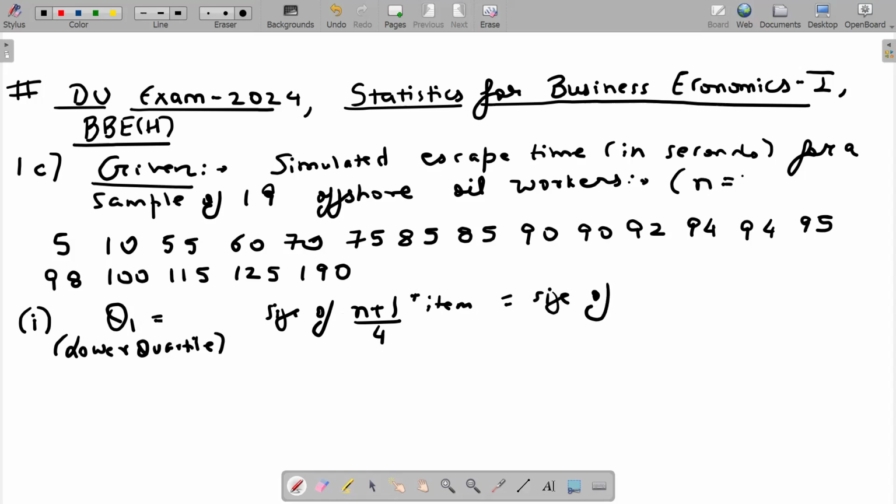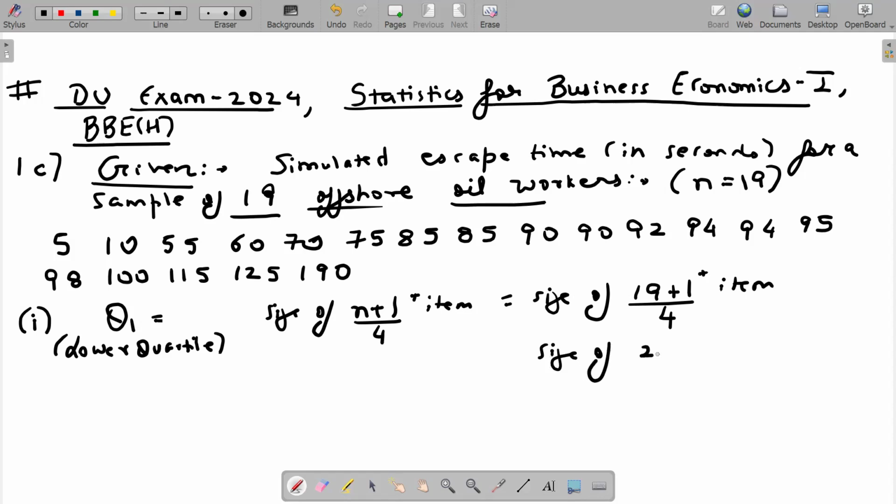We are given that there are 19 offshore oil workers, so my sample size is 19. So this is (19 plus 1) by 4th item, which is the size of 20 by 4th item, which is the size of the 5th item.